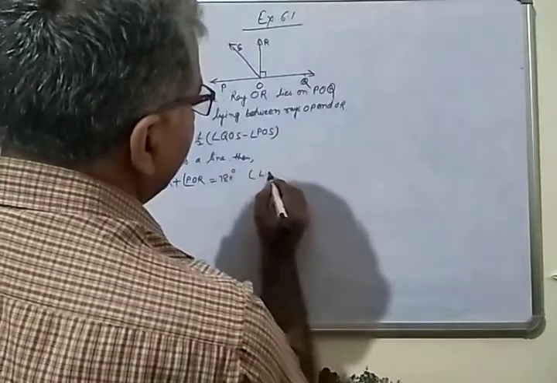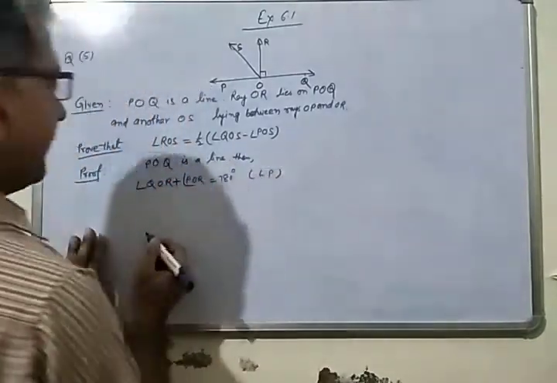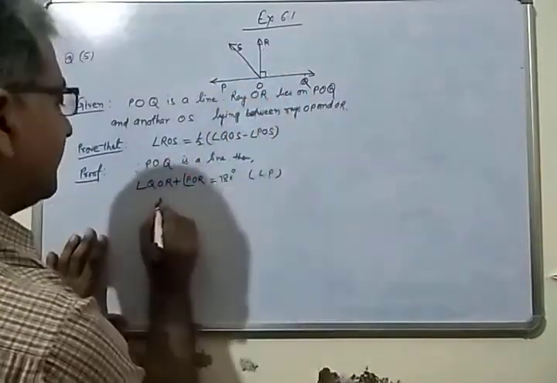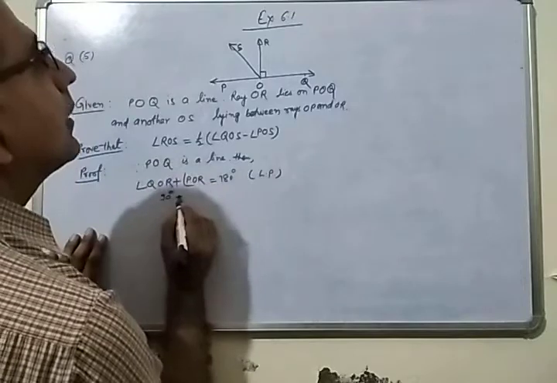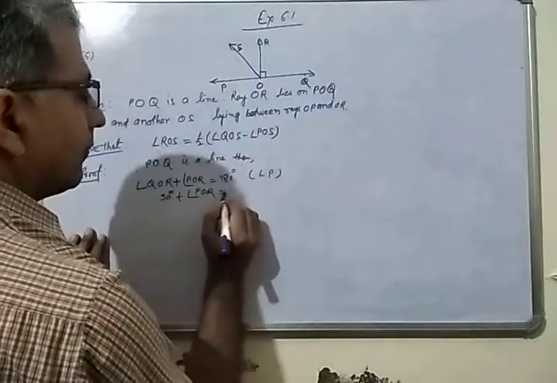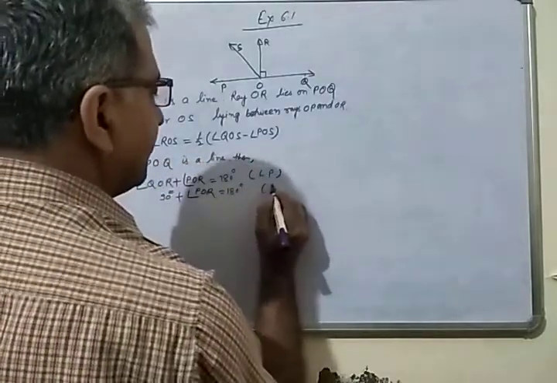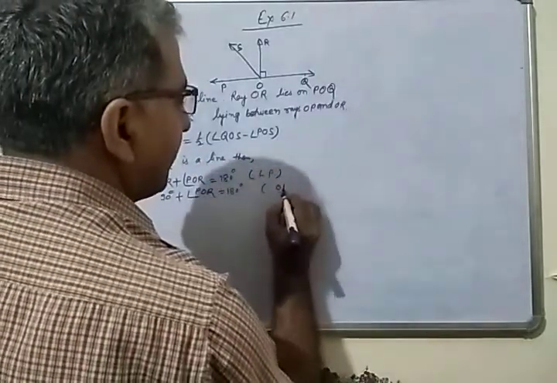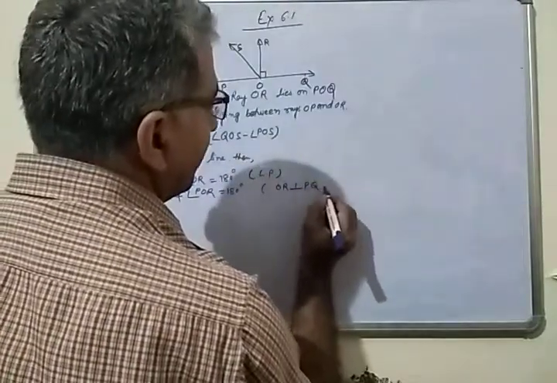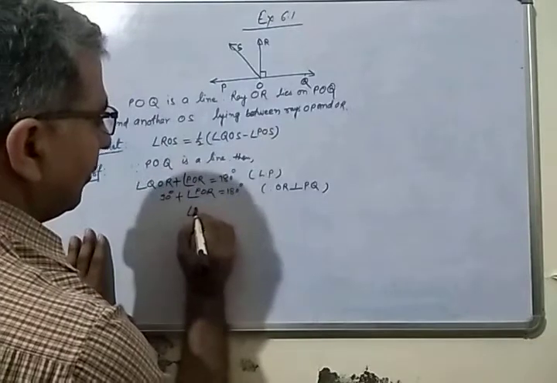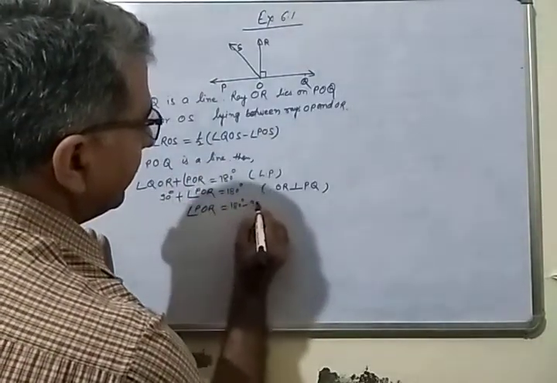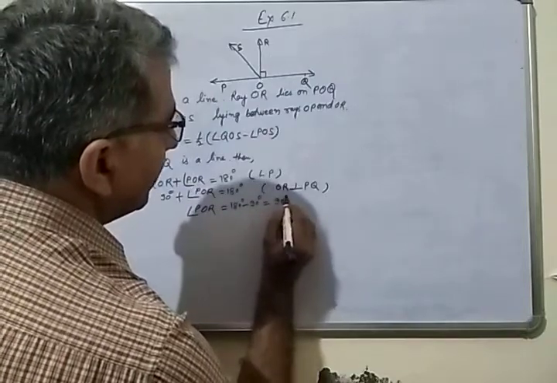That is making a linear pair. Here OR is perpendicular, therefore this angle is 90 degrees. So 90 degrees plus POR equals 180 degrees, since OR is perpendicular to line PQ. Now POR equals 180 degrees minus 90 degrees. This will be 90 degrees.